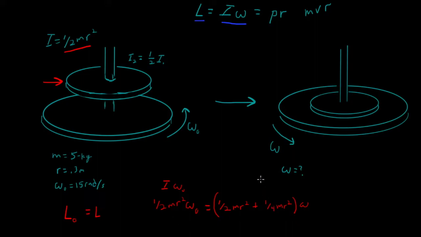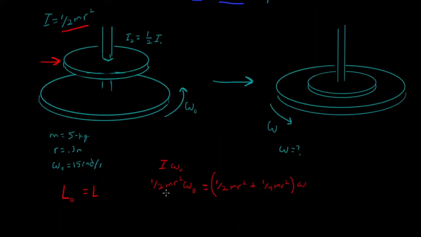So that's my general equation. So I can plug everything into that. So I've got 1/2 and m, which is 5, r, which is 0.3, squared. And then my omega naught will be 15.